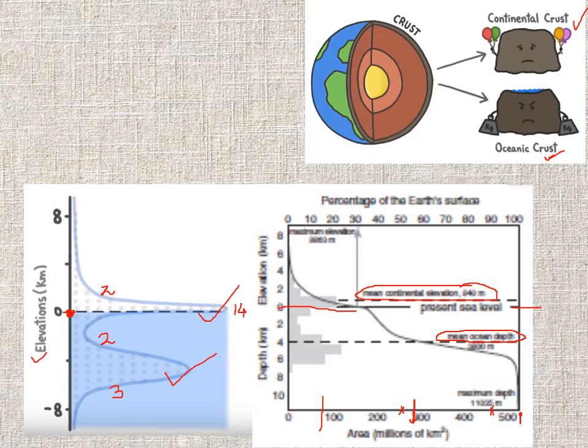Now, the lighter continental crust floats higher than the denser oceanic crust. So that will bring two different peaks of elevations for the continental heights and for the oceanic depths. That is why the elevations over the entire earth surface will show a bimodal distribution.